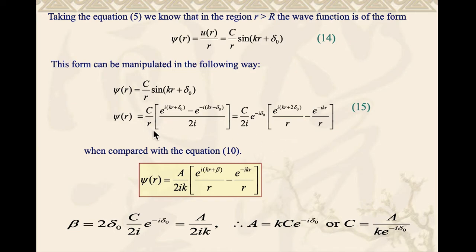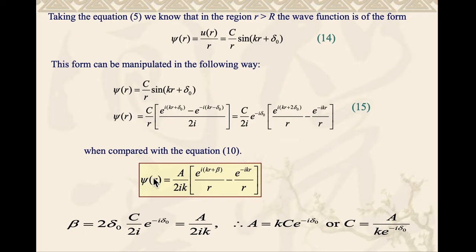So this is the equation for psi(r), and already we have made an equation for psi(r) with the knowledge of the incident wave function, and there we have assumed a phase change of beta. So from equation number 10, we have written psi(r) as A by 2ik, e raised to i(kr + beta) by r minus e raised to minus i kr by r.